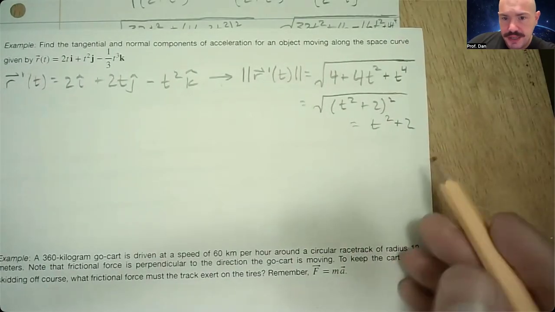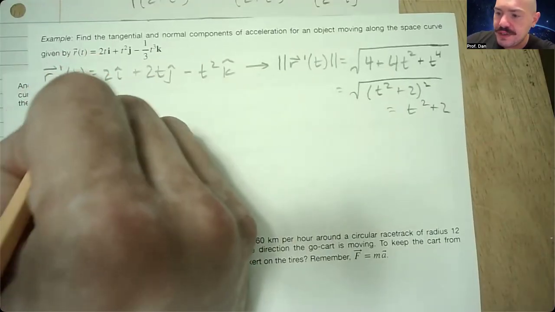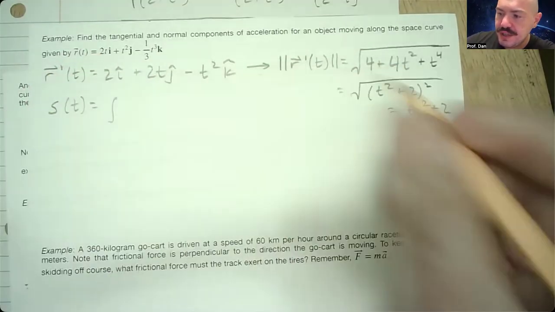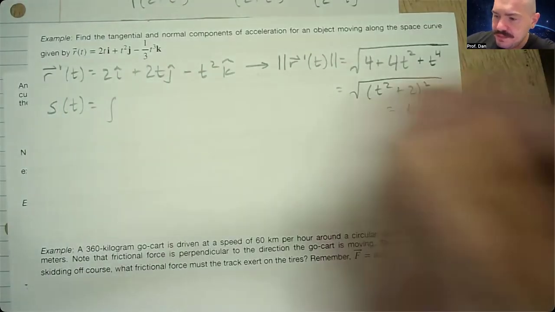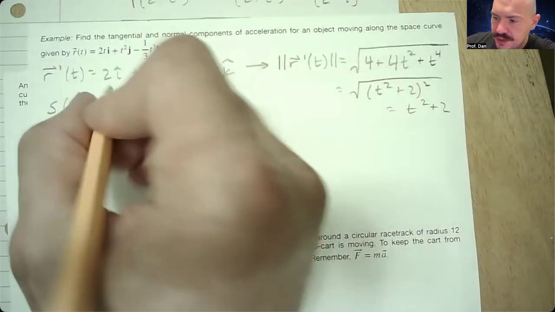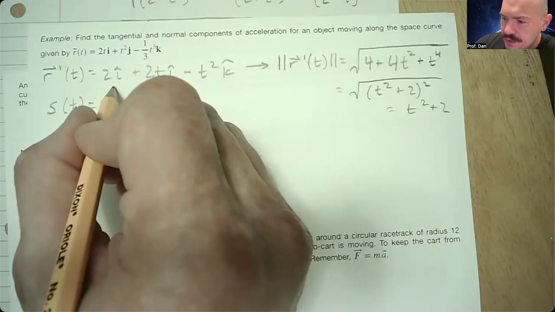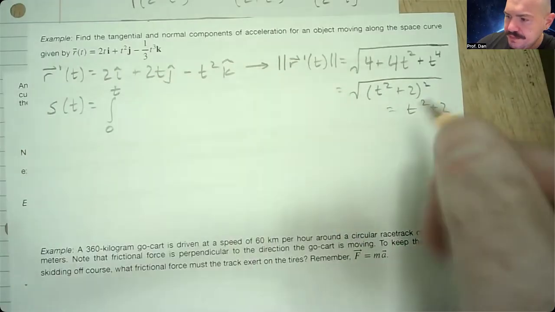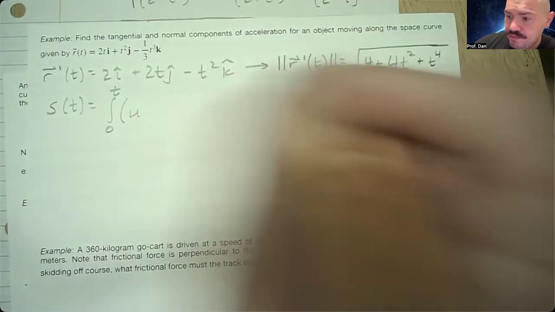Now, if I want to find the arc length as a function of t, remember we're just taking the integral, and here I'll just use a different variable. So from 0 to t, of, instead of t, I'll write something else like u. Why not?